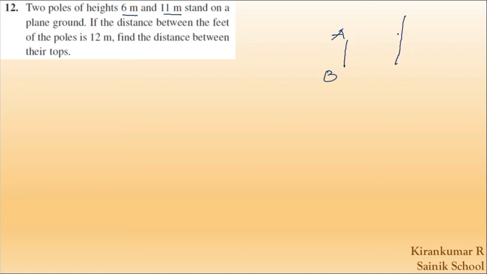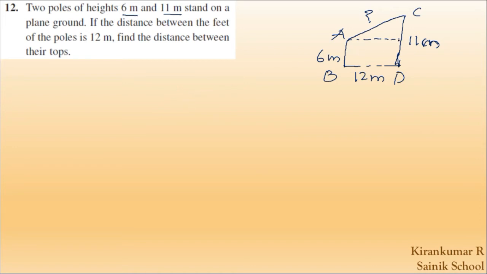The height of the pole AB is 6 meter and the height of the pole CD is 11 meters. Let me draw a horizontal line. The distance between these two poles is 12 meter. We need to find the distance of their tops. We need to find the length of AC.